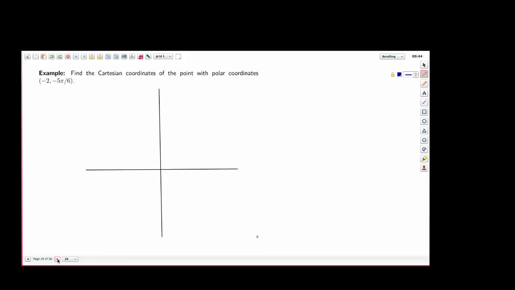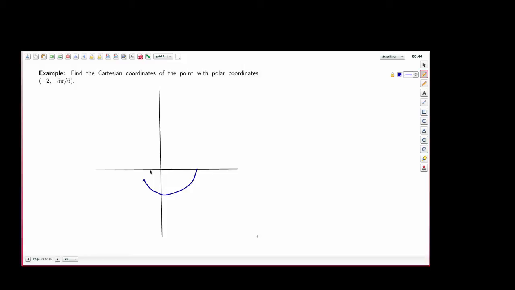All right, let's do another one. I want Cartesian coordinates of the point with polar coordinates (-2, -5 pi over 6). Here both our r and theta are negative, so let's first figure out how to plot it. -5 pi over 6 means I go in the opposite direction, so down, and I'm just pi over 6 away from a full pi all the way around.